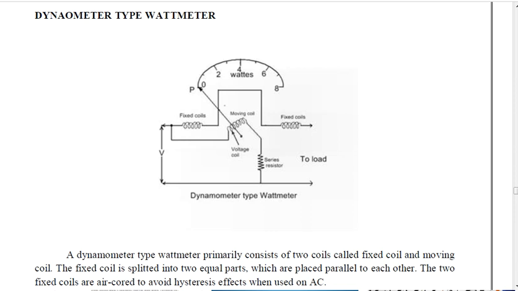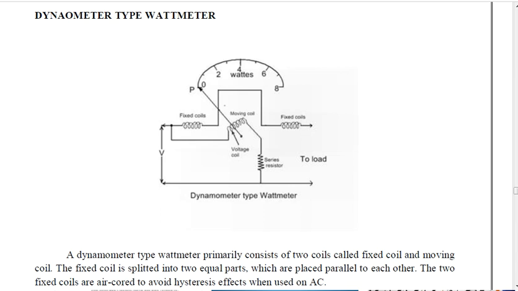In this session we will cover the construction principle and working principle of the dynamometer type wattmeter, the errors in dynamometer type wattmeter, the methods of correction, and induction type wattmeters. First of all, we are going to discuss the dynamometer type wattmeter.